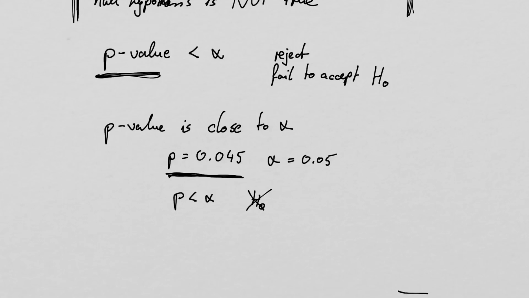If we get a different set of data, we would probably end up with a very different p-value, which again would allow us to make a decision whether we should accept guilty or not guilty, whether we should accept the null hypothesis or not accept the null hypothesis.